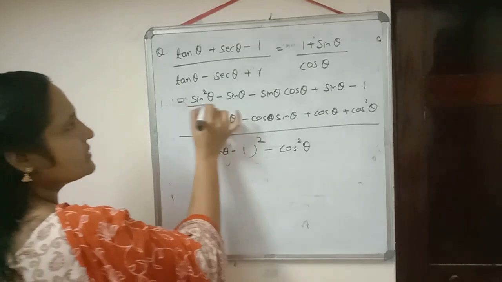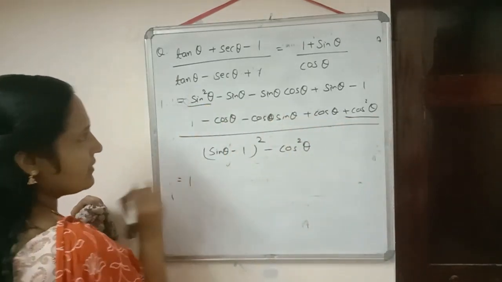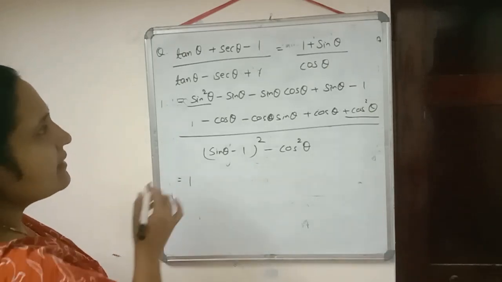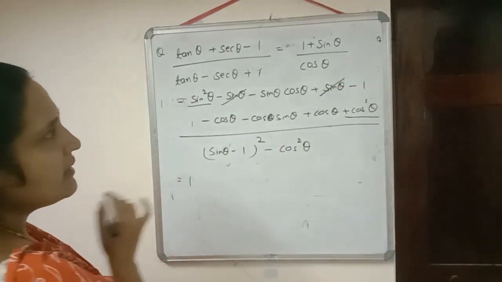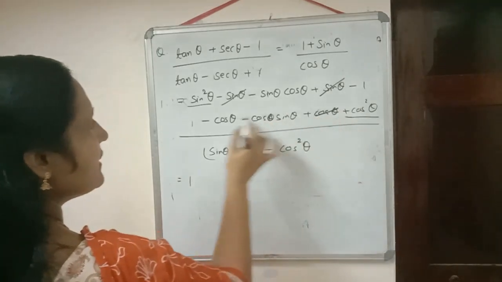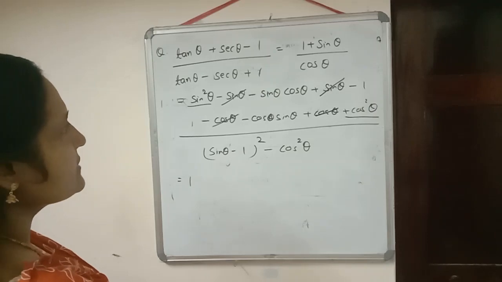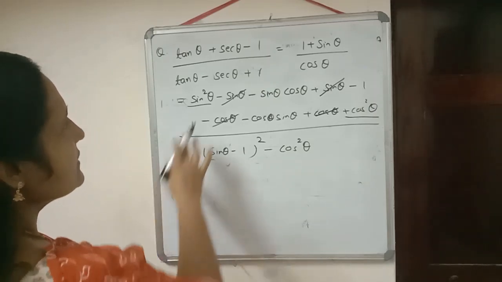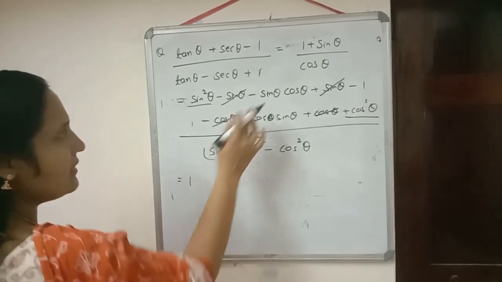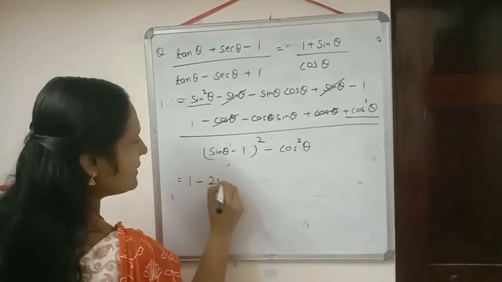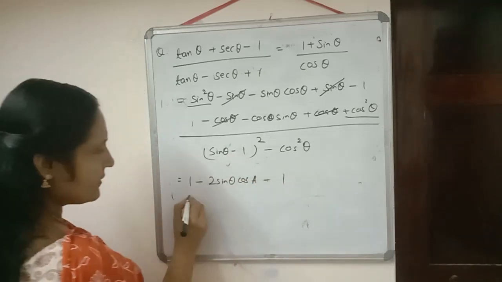Yes, sin square theta plus cos square theta can be written as 1. Then minus sin theta and plus sin theta get cancelled. Then cos theta and minus cos theta also get cancelled. What is remaining? Sin square theta plus cos square theta is 1, then remaining is minus 2 sin theta cos theta minus 1.